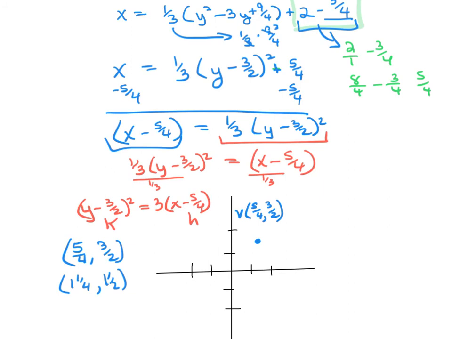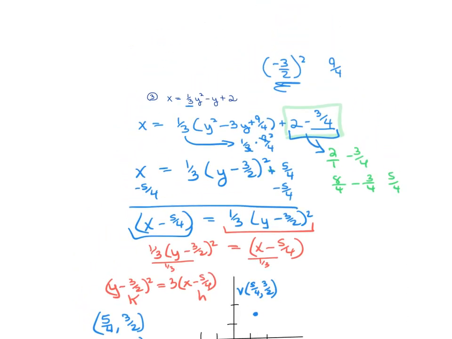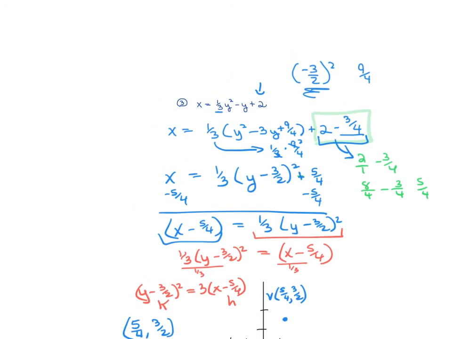Now, the next thing I need to do is find an additional point. Again, if I go back to the beginning, this isn't my y-intercept. This is actually our x-intercept, but let's go ahead and see it. To find the x-intercept, I'm going to set y equal to 0.